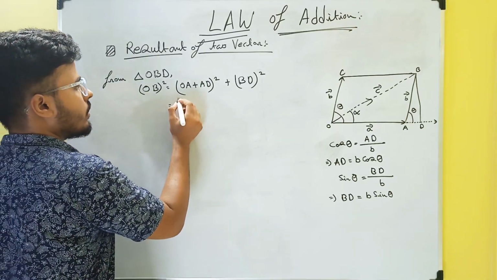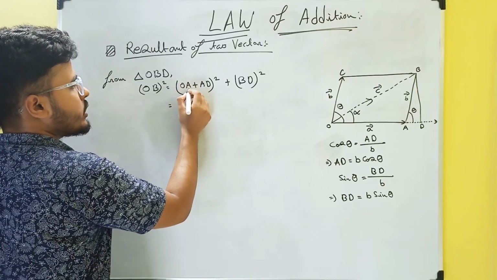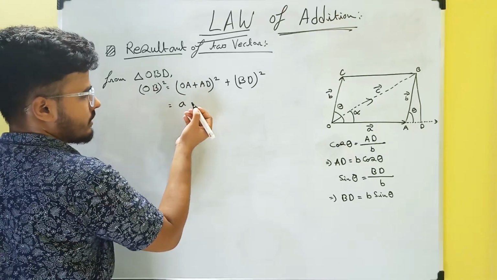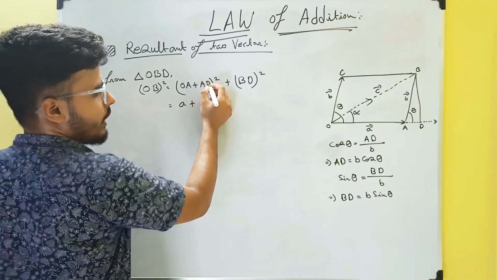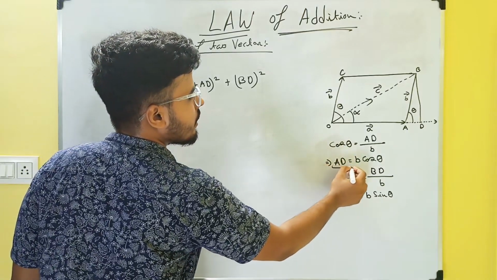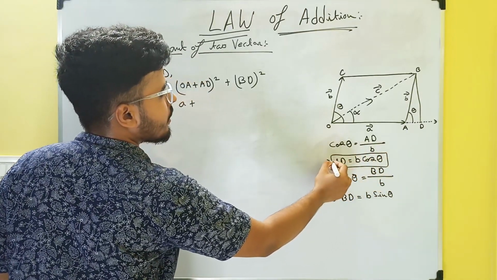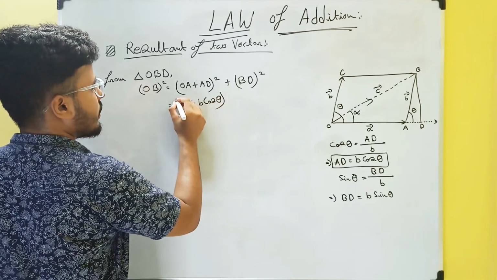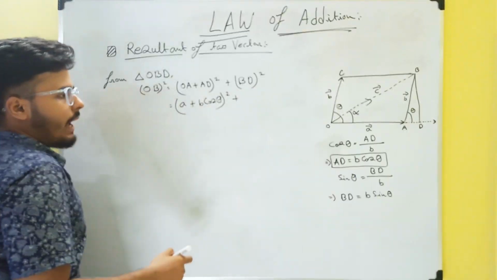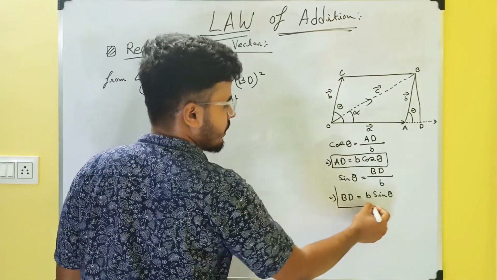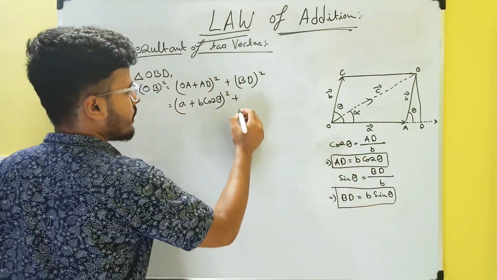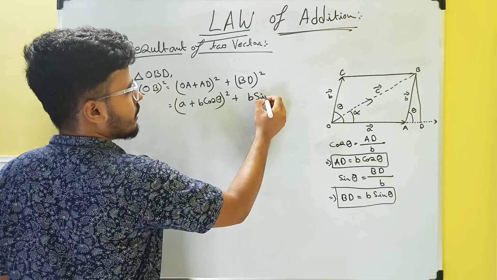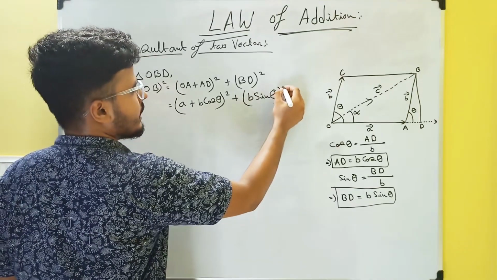Now we know that the magnitude of OA is just A, the magnitude of AD is B cos theta, and the magnitude of BD is B sin theta.